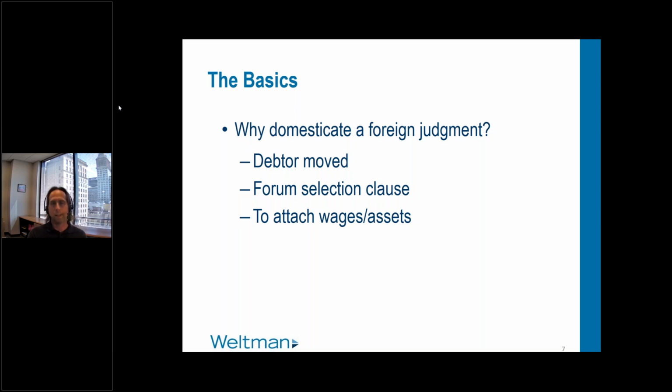What that means is, let's say you have a commercial loan where the debtor is in Illinois, but the bank is based out of Ohio, and so often there'll be a forum selection clause, which means that any dispute about that loan must be litigated in a specific forum, likely where the bank's headquarters is located. So let's say Hamilton County, Ohio, where we are, that's where the forum would have to be.